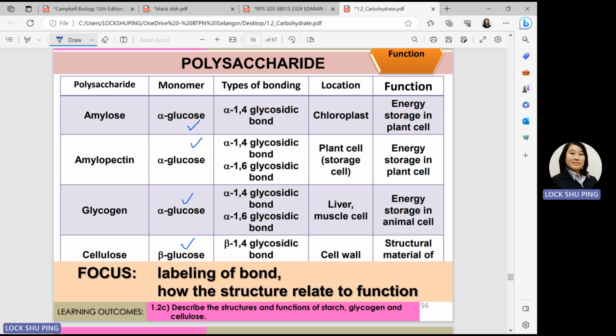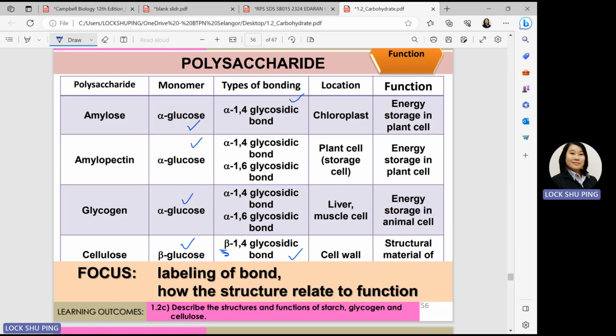Each of these monomers is joined by alpha 1,4 glycosidic bonds. That is the basic one. For cellulose, it is the beta 1,4 glycosidic bond. Because the first molecule is alpha, the bonding will be alpha type. If beta glucose joins with beta glucose, the bonding will be beta type.